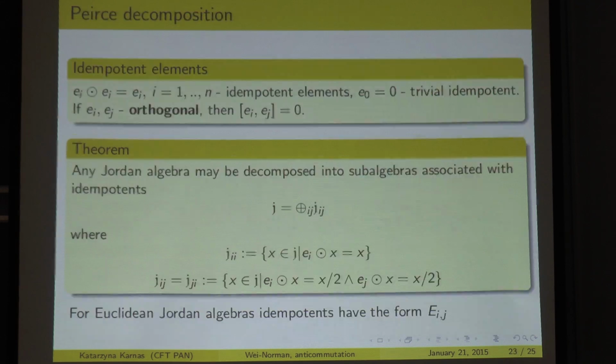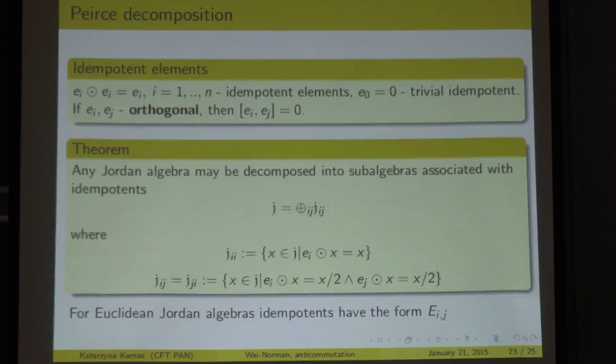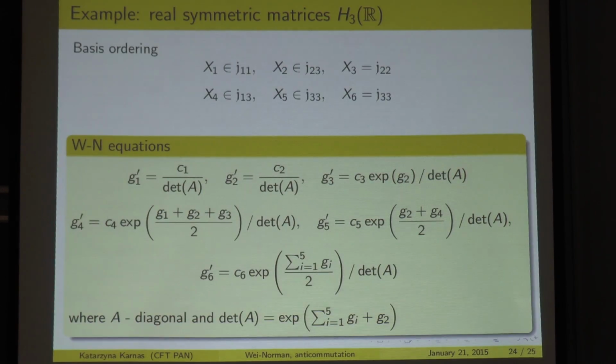The problem, maybe I didn't mention it before, is that Jordan multiplication is not associative. So this problem is maybe easy to notice, but it is not trivial, and in general it is quite difficult to determine these coefficients.